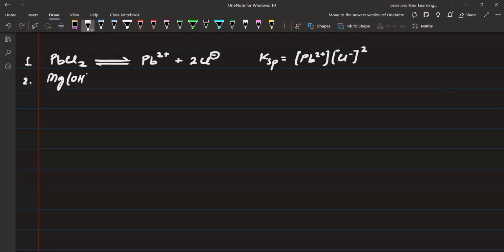Secondly, tell me, Mg(OH) whole twice. It will dissociate into, tell me, what are the ions that we are going to get? Tell me guys, जल्दी बोलो यार. माइक ऑन करें और जल्दी जल्दी बोलिए. Mg(OH) whole twice. What will be the ions? Mg2 positive and 2OH negative. Okay, so the KSP for this will be what?